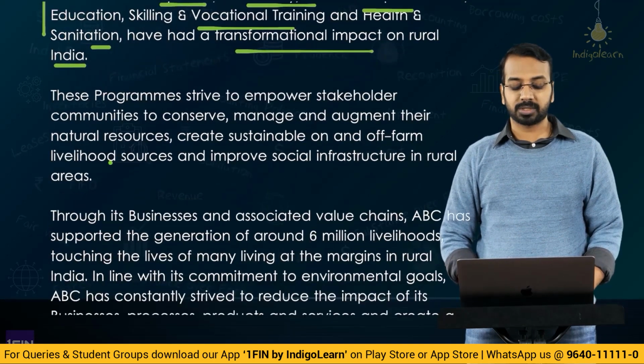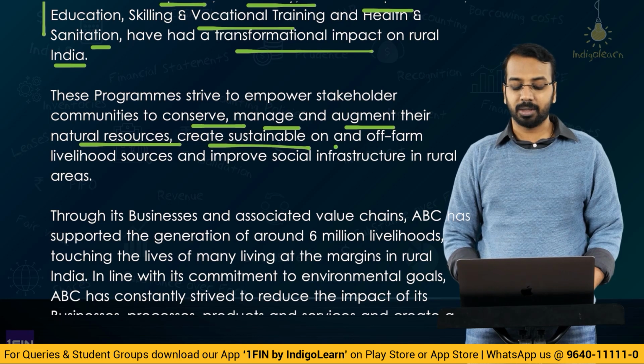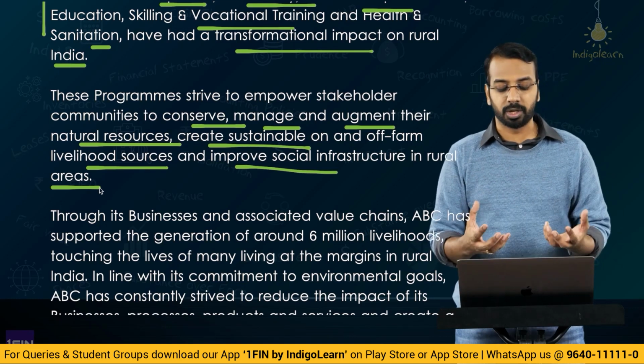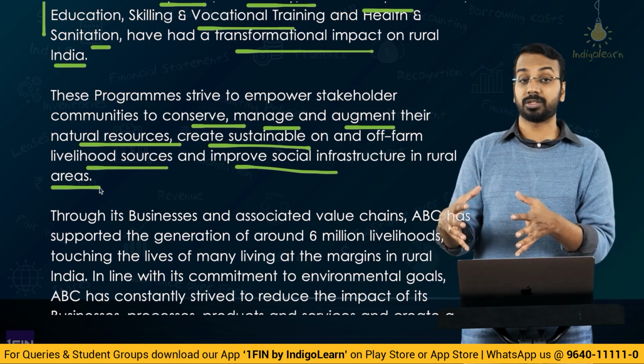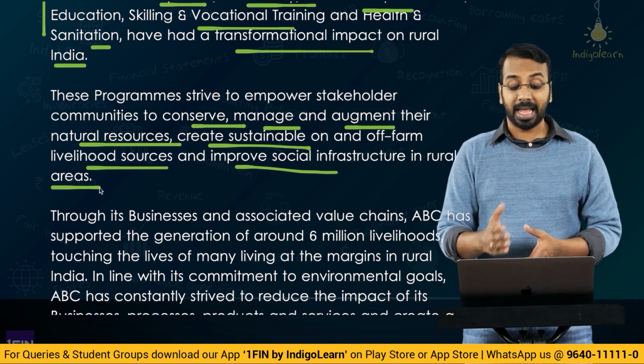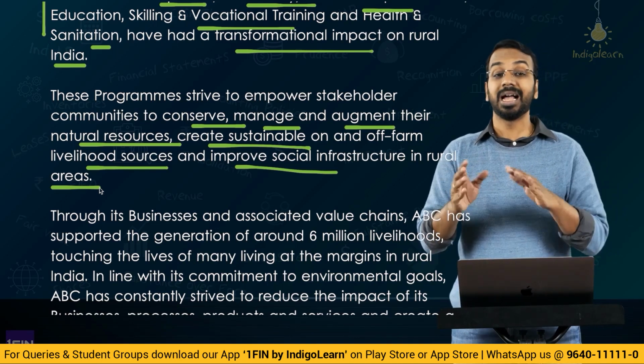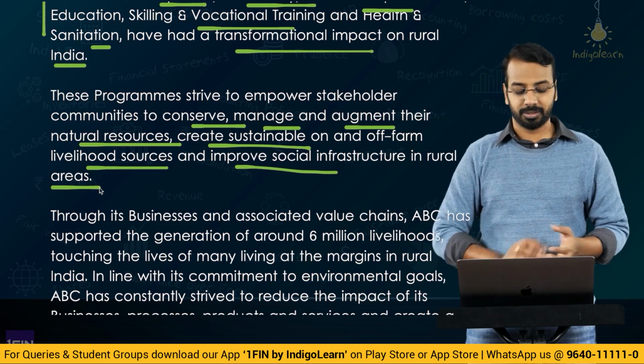Then these programs strive to empower stakeholder communities to conserve, manage and augment their natural resources, create sustainable on and off farm livelihood sources and improve social infrastructure in rural areas. Again, they are empowering the stakeholders to conserve whatever natural resources they can and have on and off farm livelihood sources. So not only dependent on farming, outside farming what all they can earn.